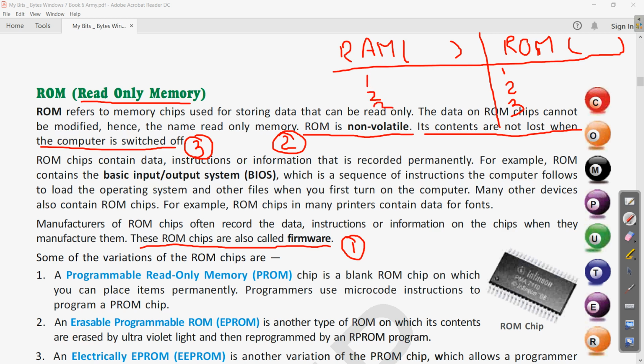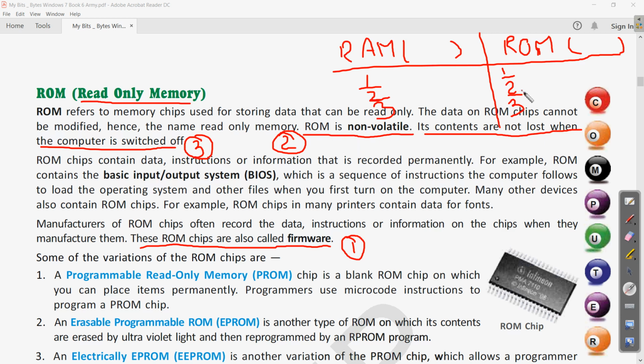And the similar type of points are in front. As in the RAM we have written that RAM is also called as main memory. Here in the same way the ROM is called as firmware. Clear? Then second point in the RAM we have written that RAM is volatile in nature. Here we are writing the second point about ROM, that ROM is non-volatile. Clear?